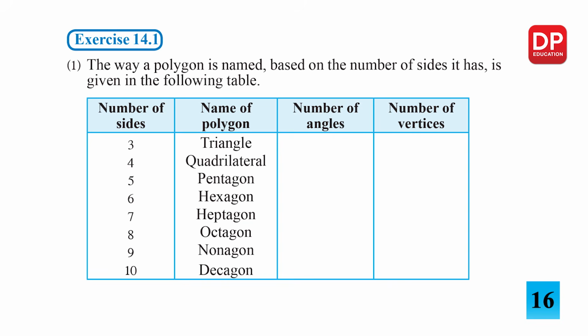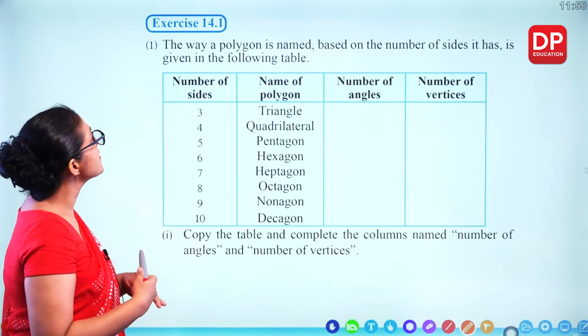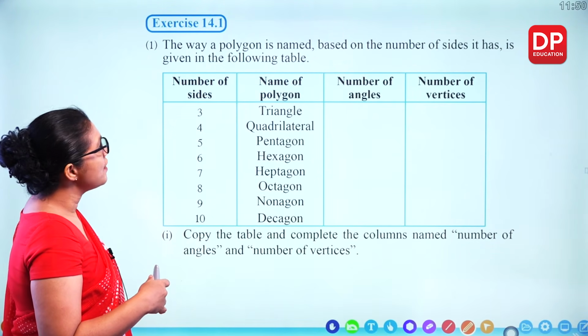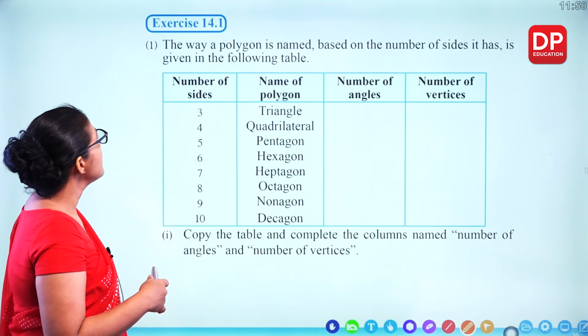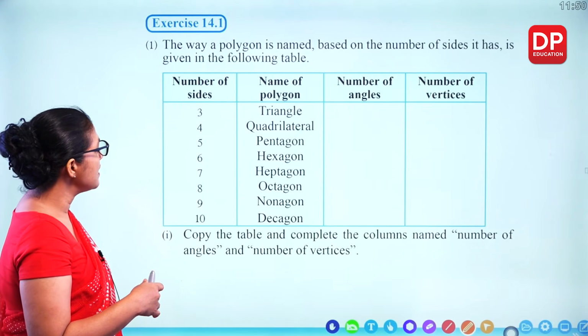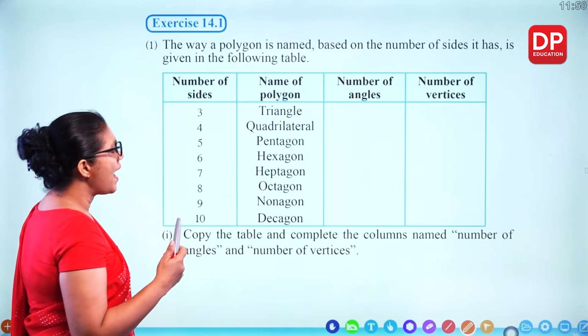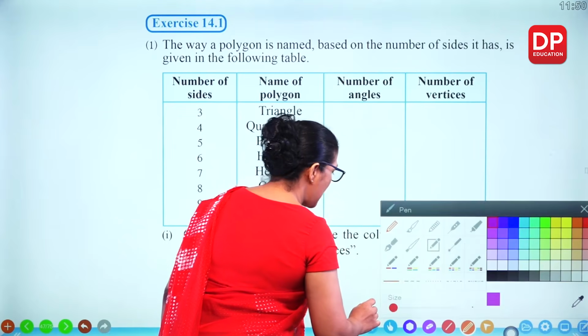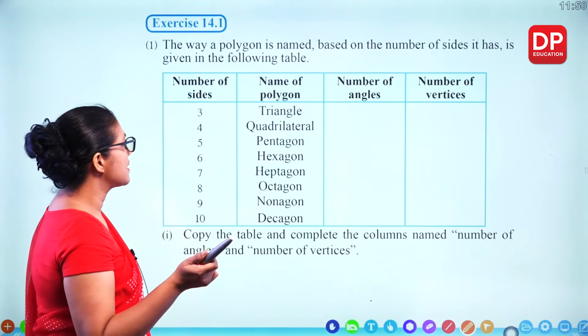Now we'll look at the exercise in your textbook. This is part 1 exercise. The way a polygon is named based on the number of sides it has is given in the following table: triangle, quadrilateral, pentagon, hexagon. Number of angles. So number of angles is the same as number of sides.